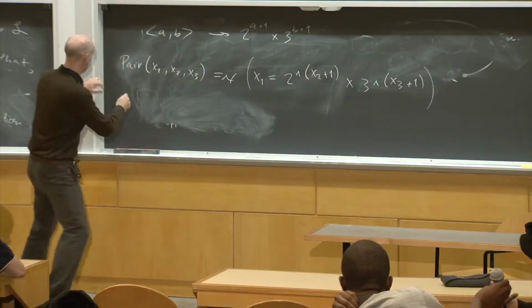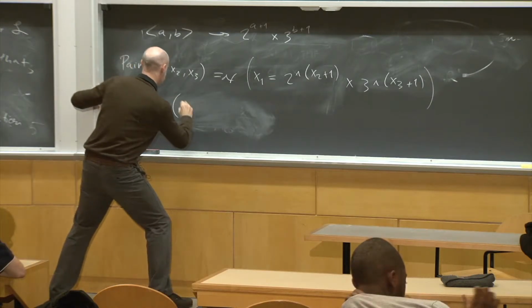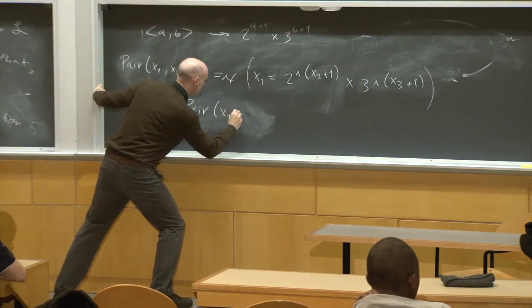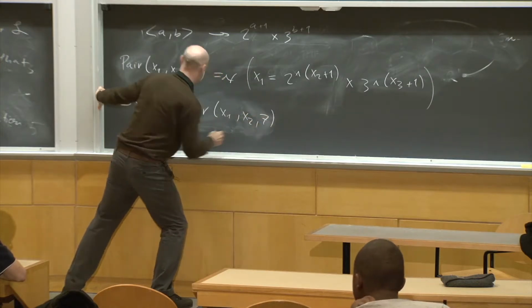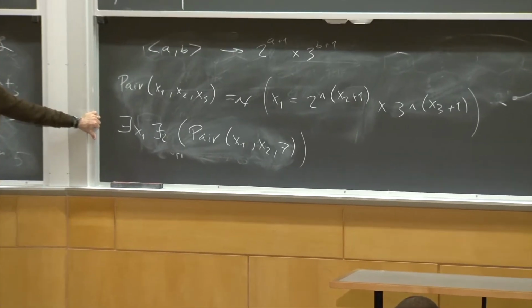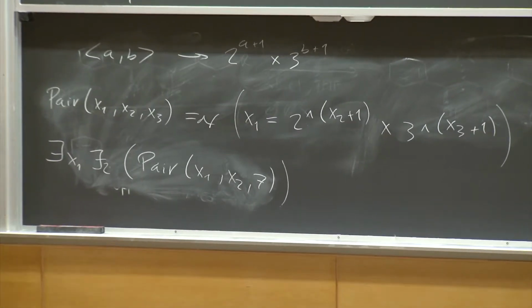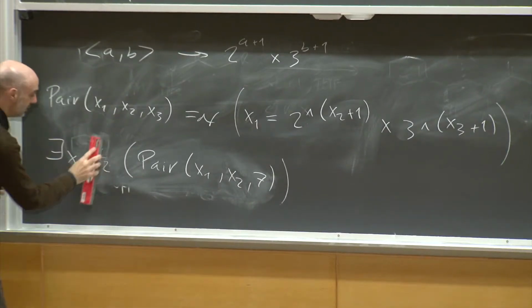I'm not going to say this formally, but there exists a number such that if you run the pair function on that number, there's another number you can put in for x2 such that x3 will, yeah. That's exactly right. So you say this: there's an x1 and an x2 such that pair of x1 and x2 is 7. And if you wanted to say there exists a number which codes the ordered pair of 7 and 14, then you could just say it like that.